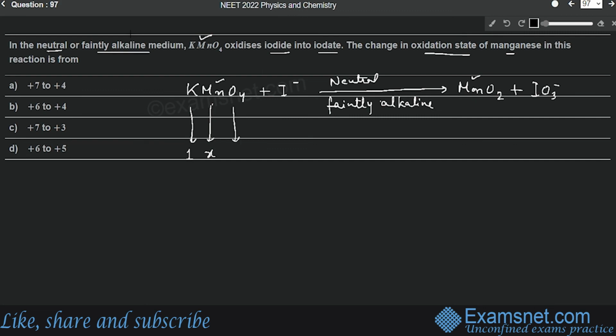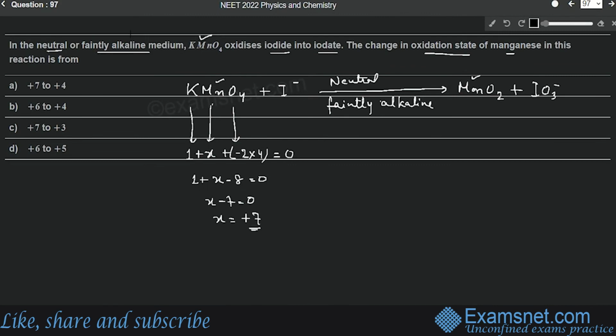So 4 oxygen atoms means -2 into 4, and the sum of all these is equal to 0. So 1 plus x minus 8 equals 0, so x minus 7 equals 0. That means x will be equal to +7.